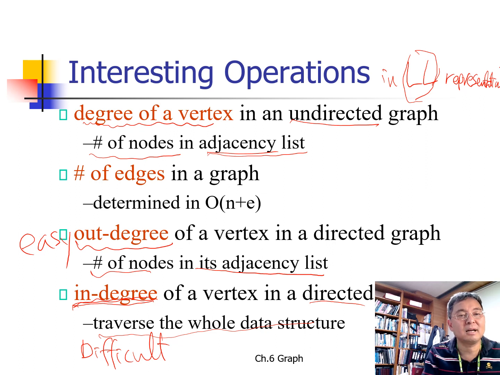So the column sum equals the in degree of a digraph if you represent it with an adjacency matrix. It was very easy for the adjacency matrix, but for a linked list in degree calculation is difficult.